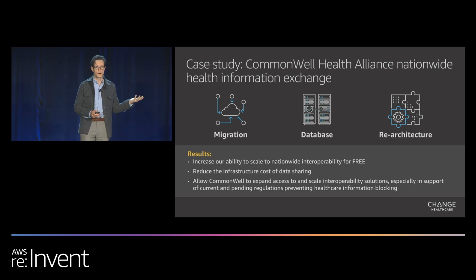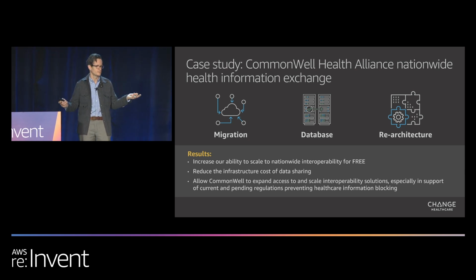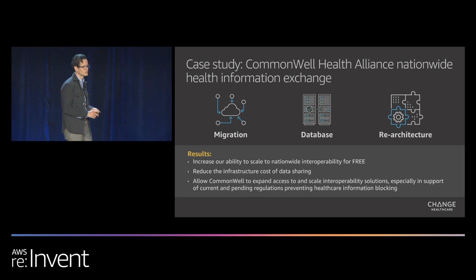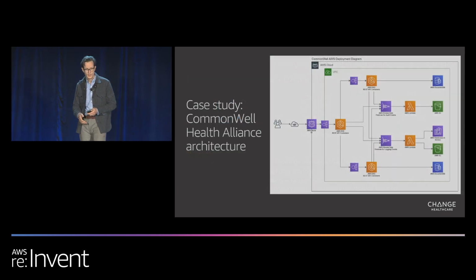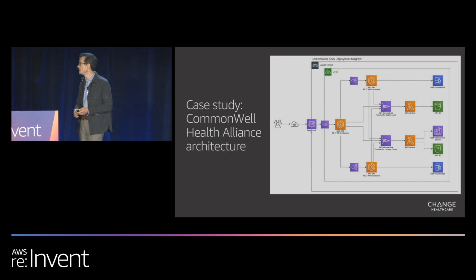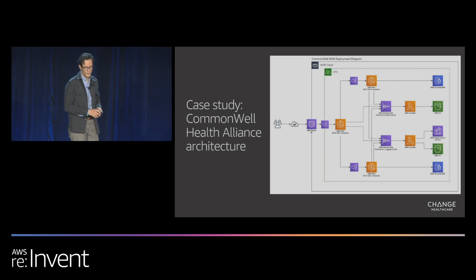We had to modernize this architecture and figure out how to scale it in order to address the needs of increased interoperability, the post-21st Century Cures Act world, and driving down the cost of interoperability so that more people can partake of it. And the first stage of this is a lift and shift migration, followed very quickly by a radical re-architecture of how we're doing things, really focused on a cloud-native stack.